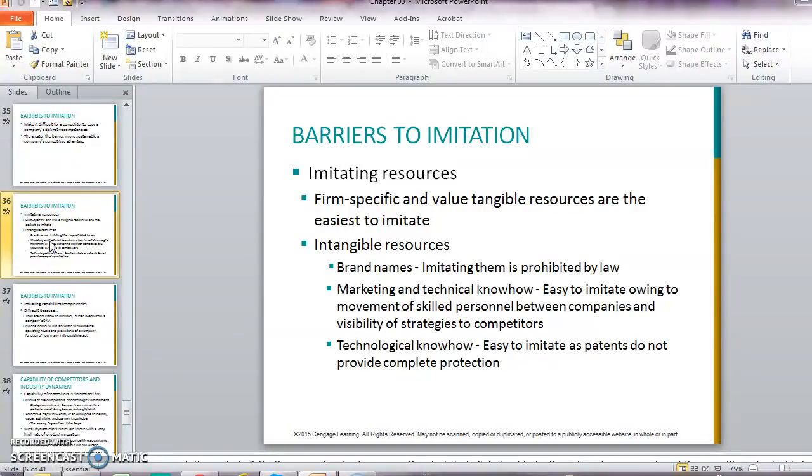So one way is to really use the value of marketing and technology to make it very, very hard for companies to imitate or try to emulate what a company is doing.